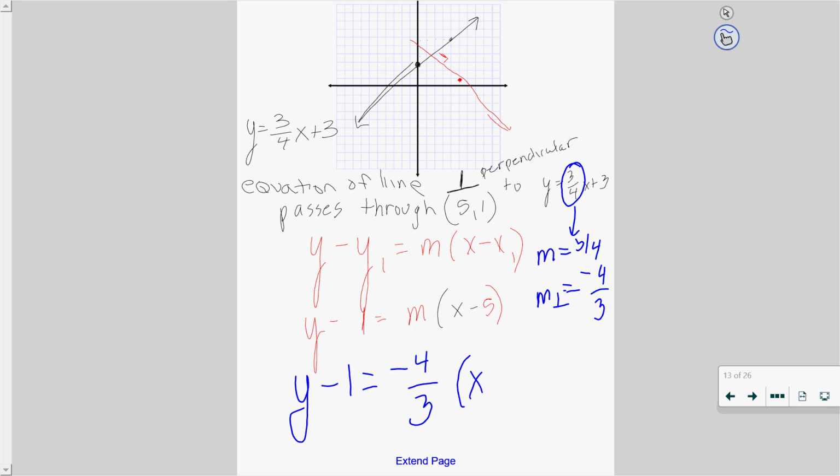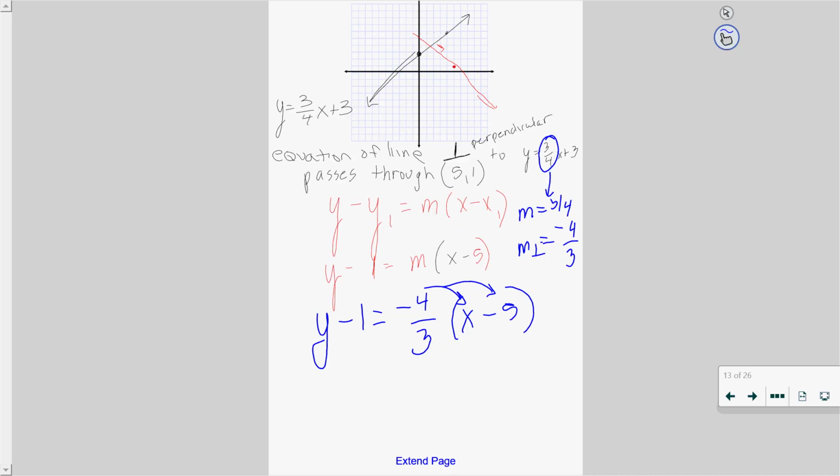So the other class today definitely wanted to work with fractions a little bit. So how do we simplify that? Easiest way to simplify it. Marcus, what's this called when I do this? Apply distributive property, right?